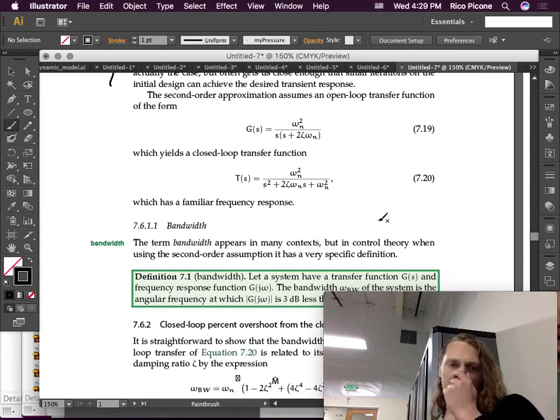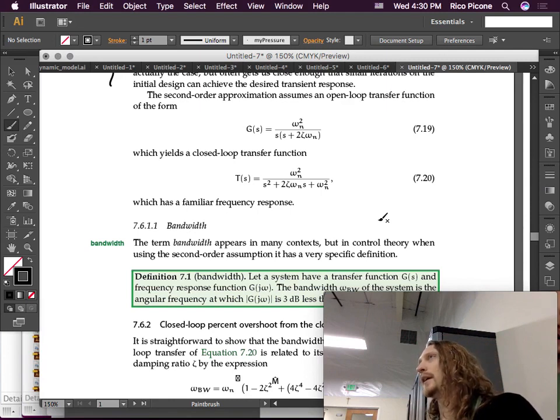Now I'm going to define another quantity that's talked about a lot in control systems, but is also used in many other contexts, and that is bandwidth. Bandwidth is talked about in informal and formal settings, but it usually has some reference to the spectrum, and it defines a region, usually a pass band, where input signals will pass through and other signals will not.